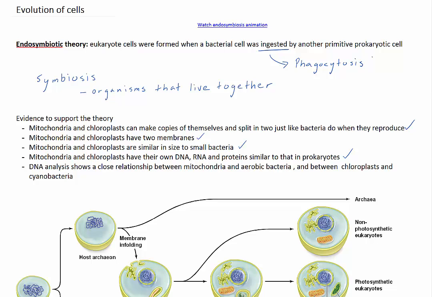And in addition, DNA analysis shows a close relationship between mitochondria and aerobic bacteria, and between chloroplasts and cyanobacteria. Cyanobacteria are a type of bacteria that obtain their energy through photosynthesis.